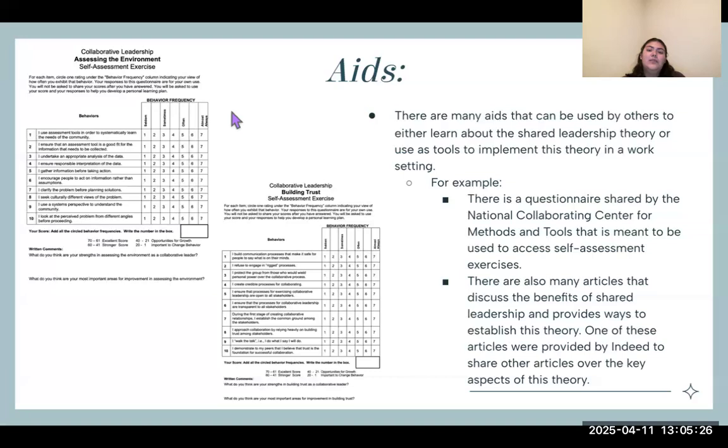Because like Elise said, some people have to be held accountable. Some people don't work well in situations like that and rather instead need someone to give them instructions rather than creating extra instructions for themselves. Another thing I found was an article. This article discussed the benefits of shared leadership and provided ways to establish this theory in a workplace.